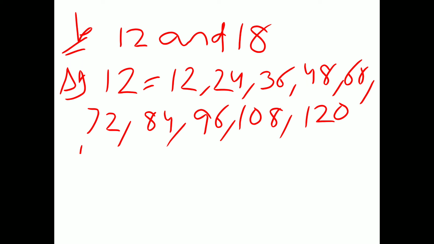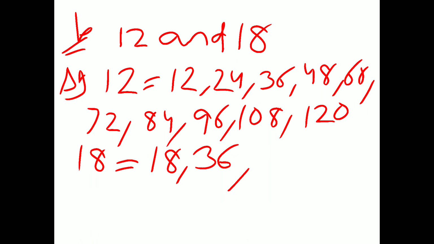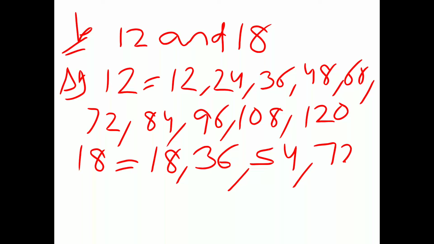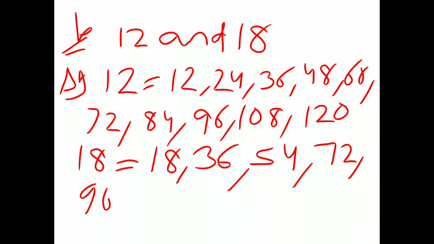Now we write the multiples of 18. When we get 3 common multiples we will stop. 18, 36, 18 3s are 54, 18 4s are 72, 18 5s are 90, 18 6s are 108.